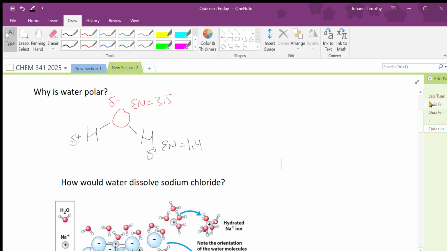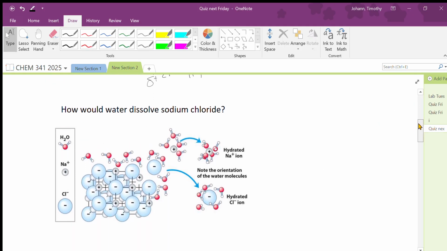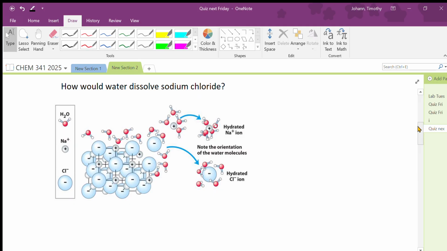Essentially, water is going to surround the chloride ions and the sodium ions. You can see right here, the hydrogens, the positively charged side of water, are pointed at the negatively charged chloride ion. And for the sodium ion, you get the negatively charged oxygen pointing at the positively charged sodium ion. Okay, and you actually get shells and shells and shells.